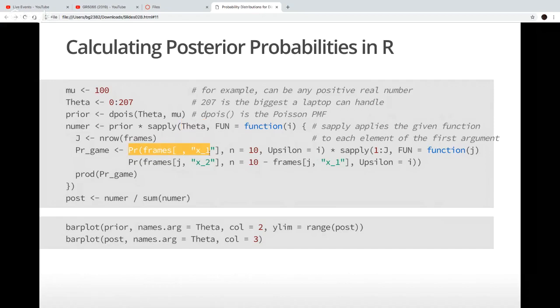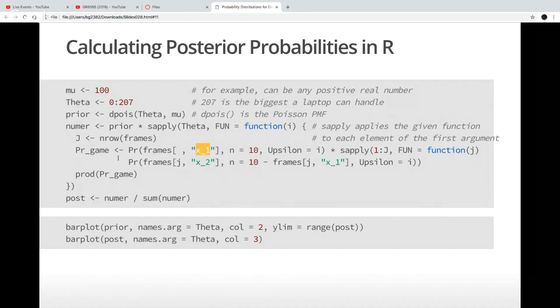We're going to take the probability for what happens on the first roll of each frame, and then multiply it by another sapply, which gives us the conditional probability of what happens on the second roll of that frame. Multiply those two things together. That gives us the probability for what happens on the ith frame.